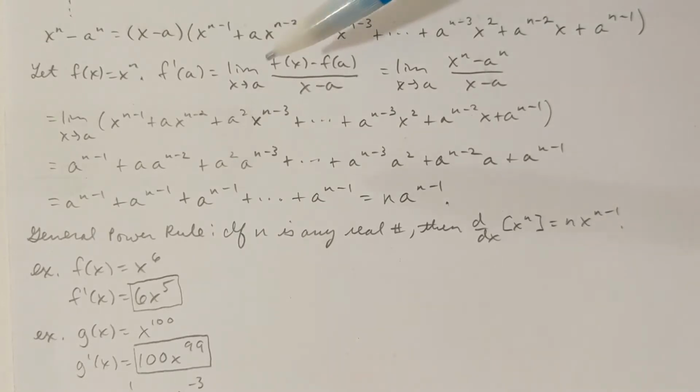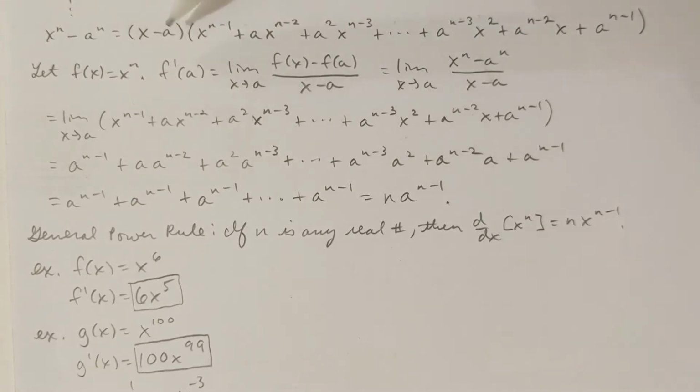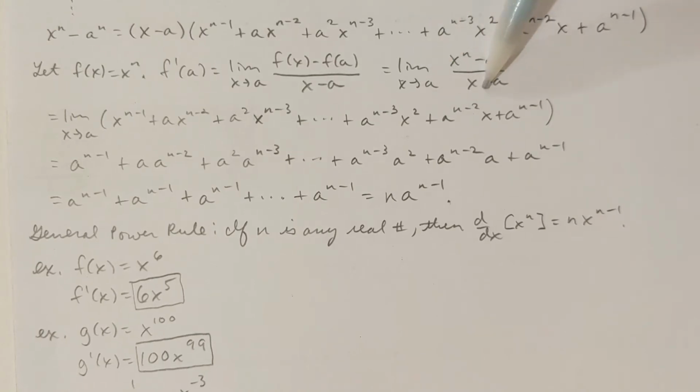The limit as x approaches a of f of x minus f of a over x minus a. f of x is x to the n, f of a is a to the n, and the reason that I'd want to use the alternate version here is because when I factor the numerator x to the n minus a to the n, I have this x minus a leading off, which can cancel with the one down under. Of course, I can't make a direct substitution because I can't divide by 0. So let me go ahead and cancel those x minus a's.